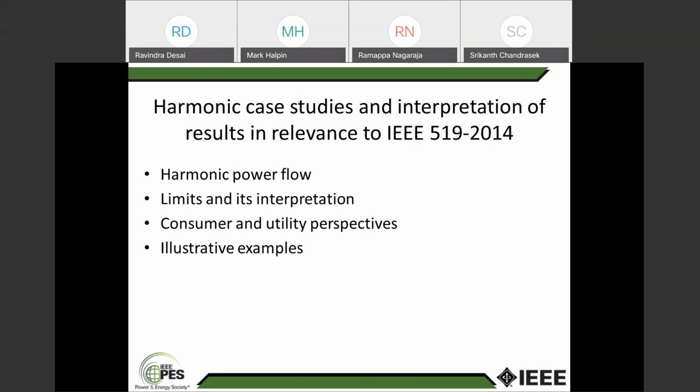Therefore, we'll try to understand what is harmonic power flow. We will also understand the limits and their interpretation. I will try to explain some of the interpretation with respect to the IEEE 519 limits, the consumer and also the utility perspectives, and also the illustrative examples.